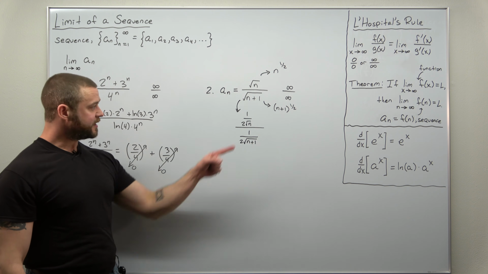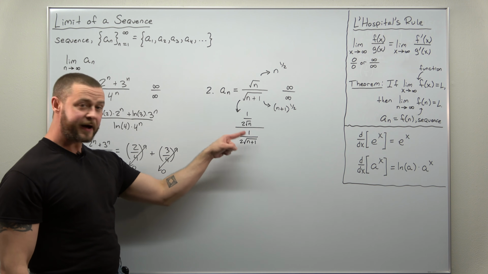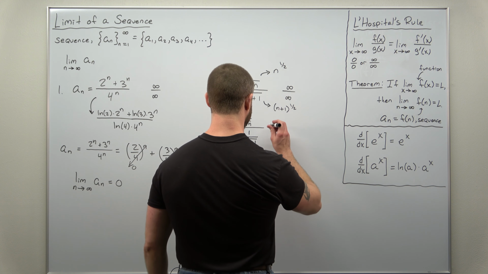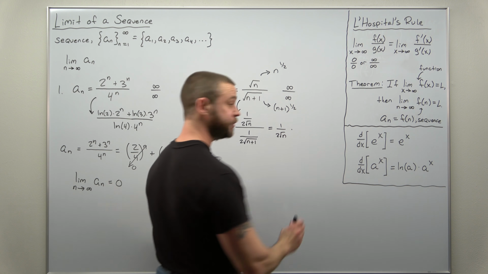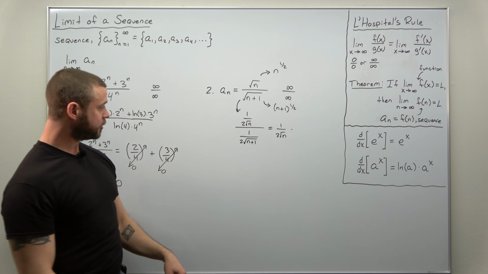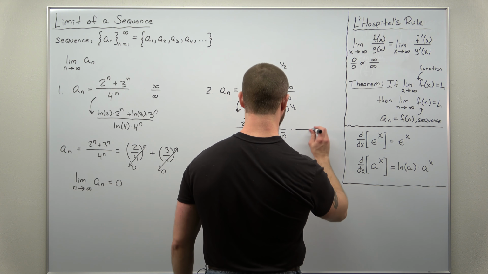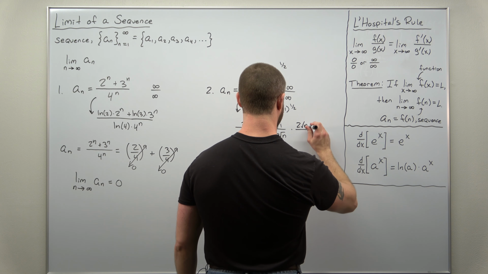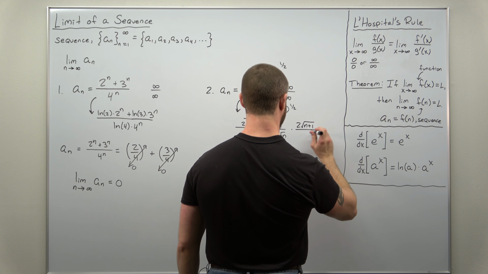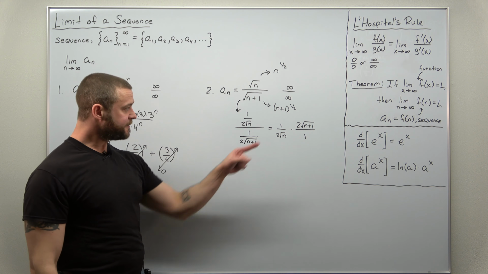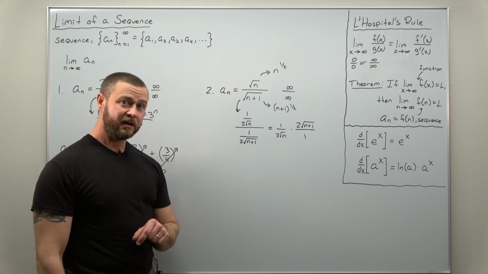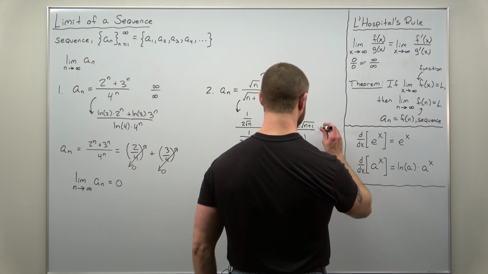We can simplify this. We have a fraction divided by a fraction, so I can multiply by the reciprocal there. And while you can cancel the factors of 2 out, notice what this reduces to.